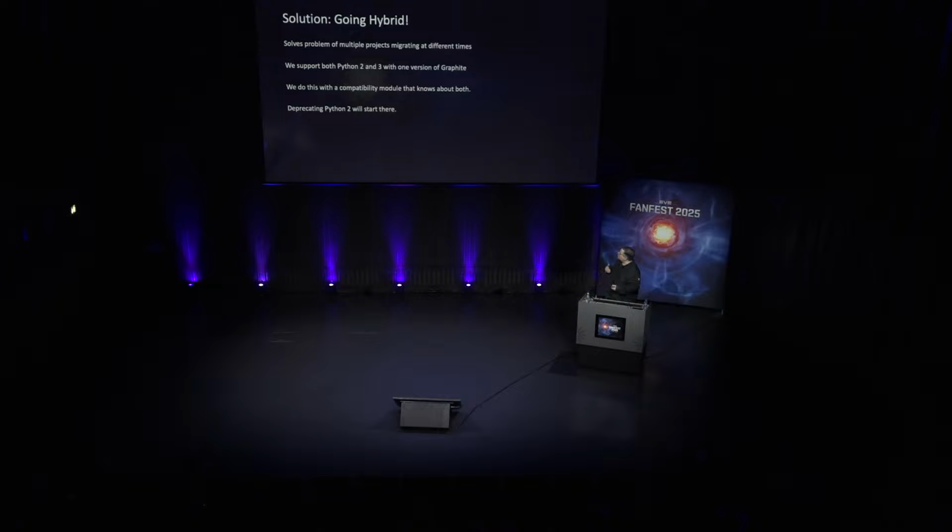It supports both Python 2 and Python 3 with one version of Graphite, so we only deliver one thing and it works either place. And we do this with a compatibility module that we've made. The compatibility module knows all about the differences between Python 2 and Python 3. And then when we finally are ready to leave Python 2 behind, because Eve has moved on to Python 3, we can start with that compatibility module and have all of our differences in one place.